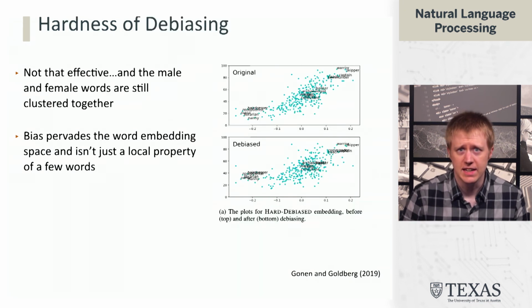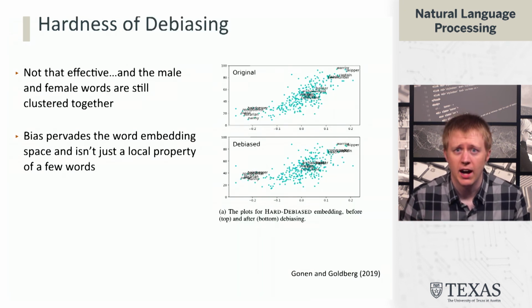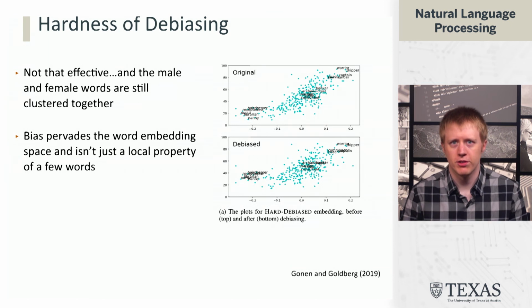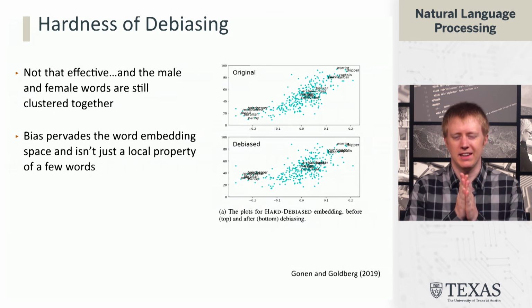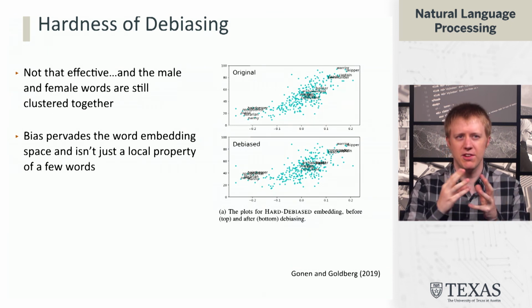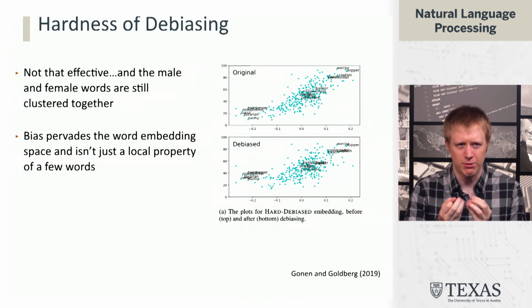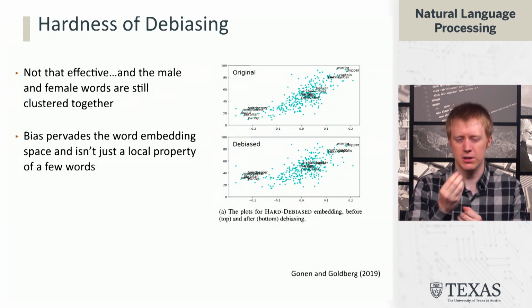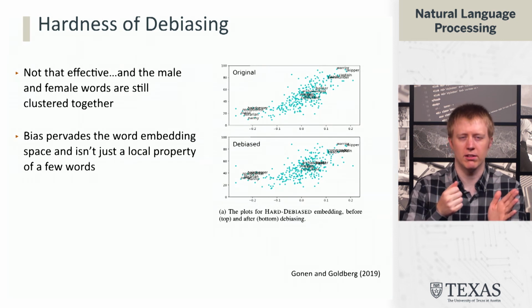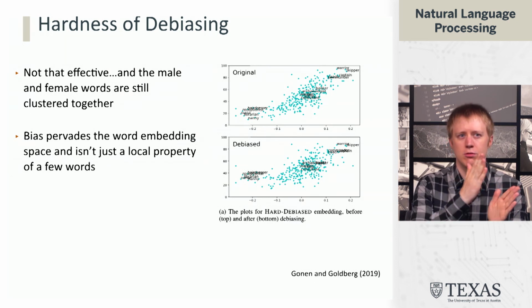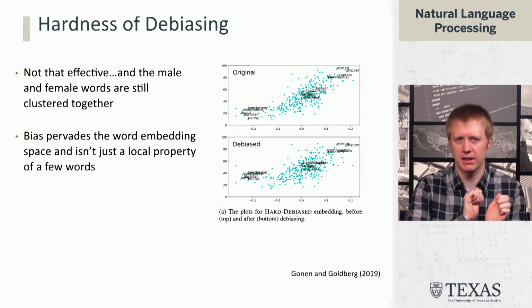This is a nice technique. It doesn't fully work. There are some results from this, but the problem is that in these word embedding spaces, everything is tied up together, right? It's not just about where the occupation words lie, but it's about where homemaker lies with respect to child or caring or something like that.